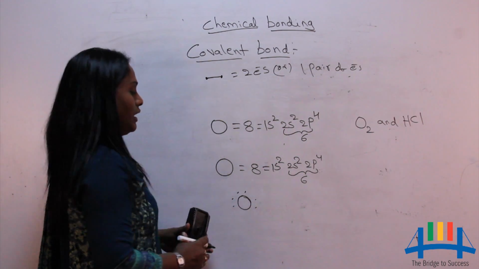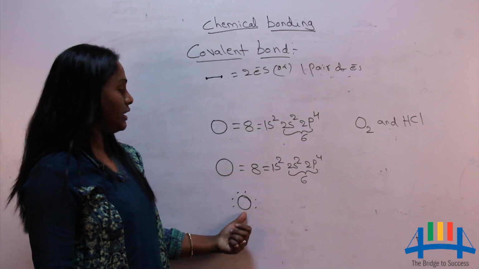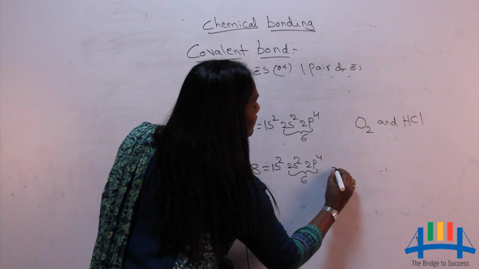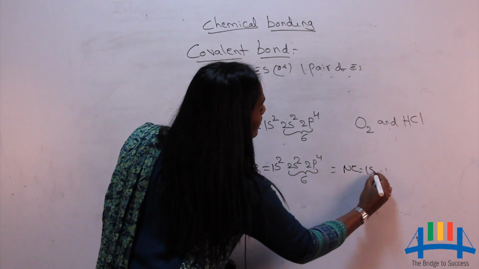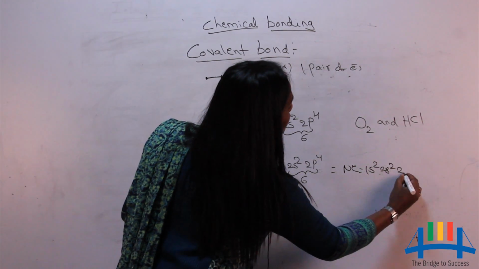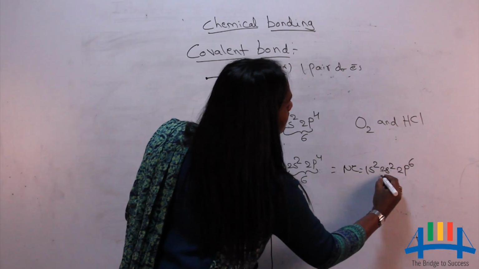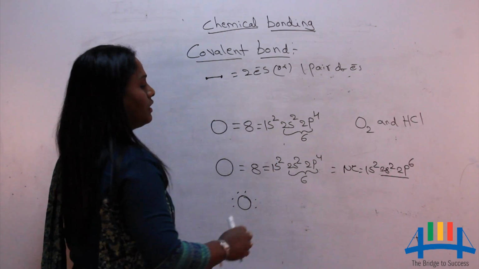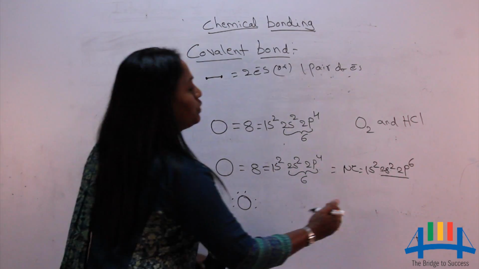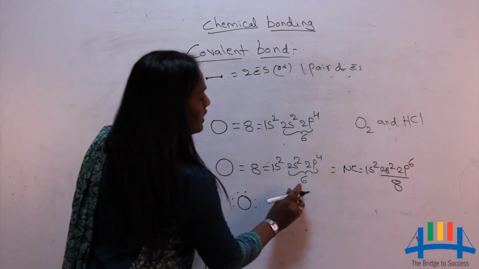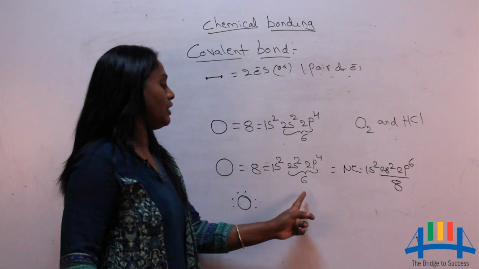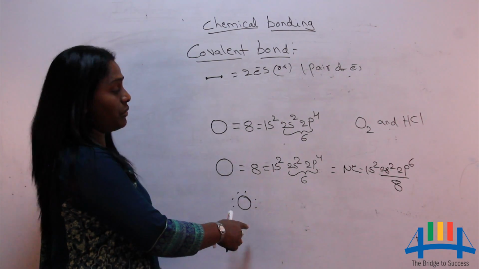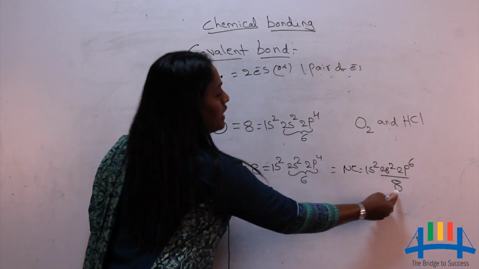Neon's configuration is 1s2 2s2 2p6, which is 8 valence electrons, while oxygen has 6. The difference is 2, so oxygen should gain 2 more electrons to become like neon.